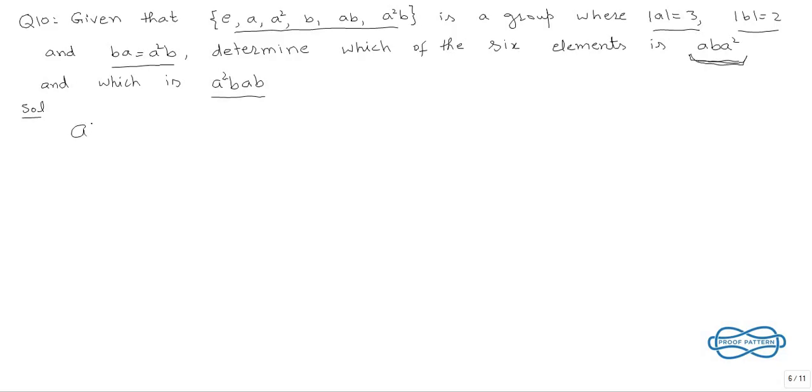We consider that the order of a is equal to 3 and the order of b is equal to 2. This implies that a cube is equal to e and b square is equal to e.